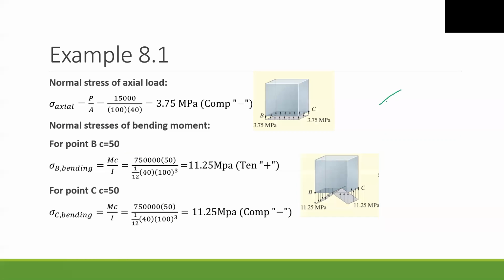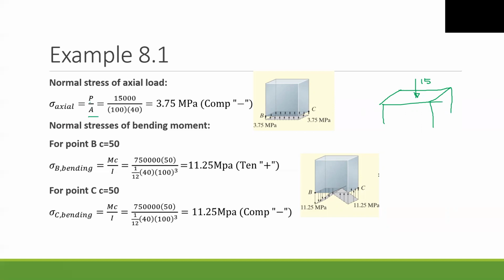You remember I want to take a cross section like this. I'm using a different type, like we have 15 kilonewton. We don't need to consider the moment right now. Remember that there is axial force.